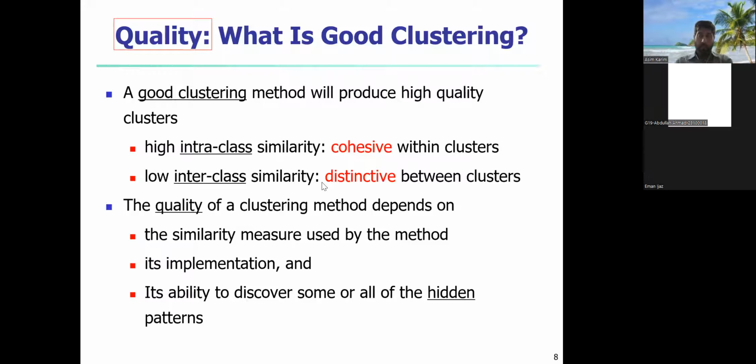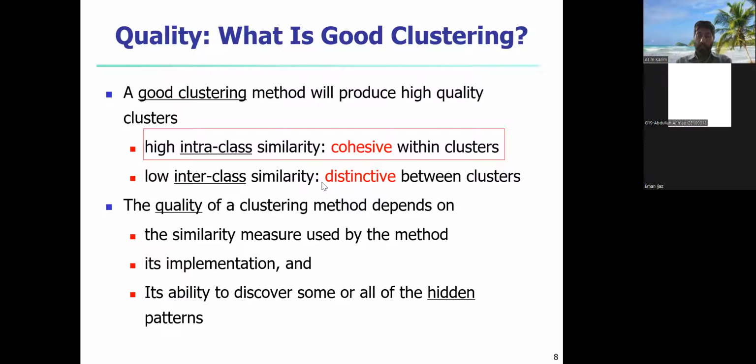There was a mention of quality in the previous slide. So what exactly is good quality clustering? What is a high quality clustering? In simple terms, it should have high intra-class similarity and low inter-class similarity.